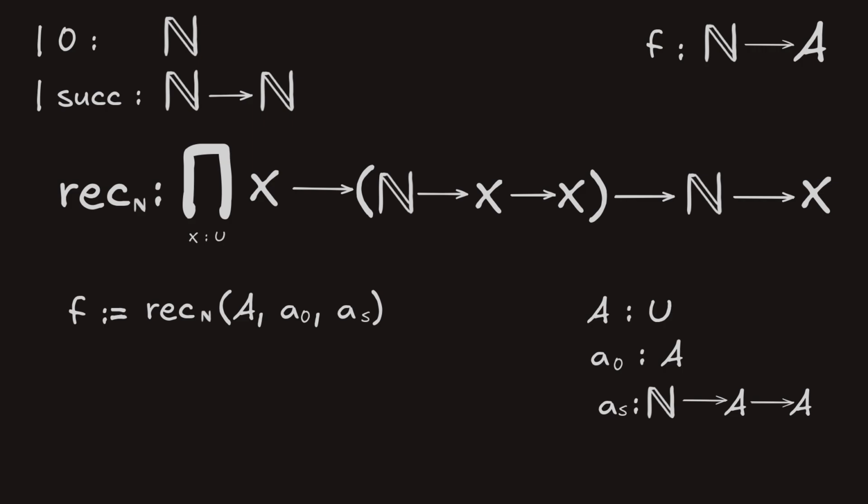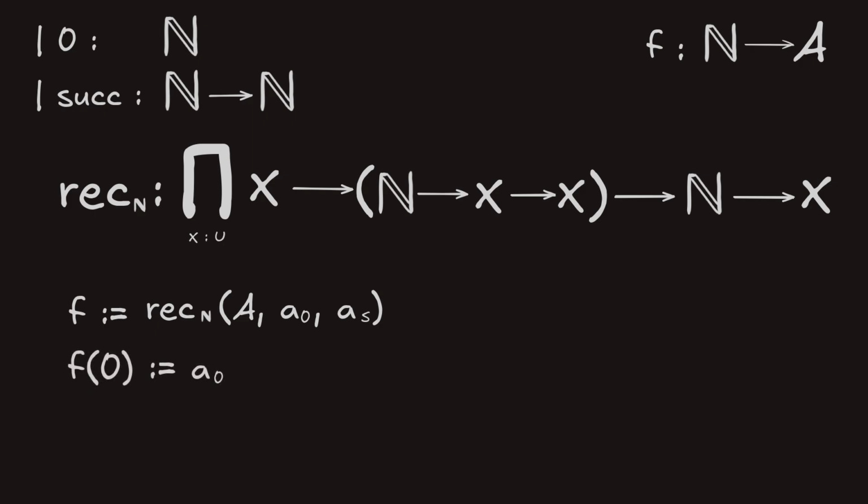Note that rec n is defined in such a way that f of 0 is equal to a0, the first term in our sequence, and f of suc n is defined as as applied to n and f n.